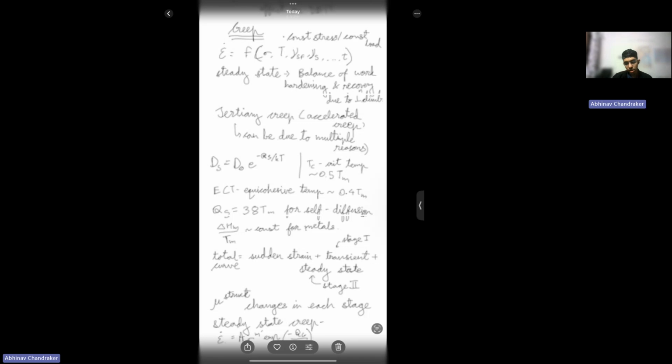So slowly we'll look at the response of materials, the stress strain response of materials, and then come up with some mechanisms to explain what might be causing that, and also experimentally validate it by looking at how the microstructure changes for those conditions of creep.